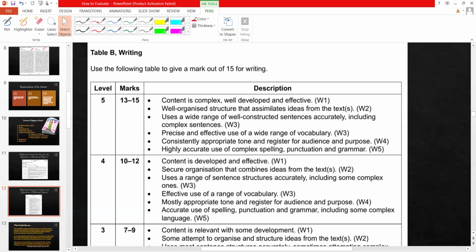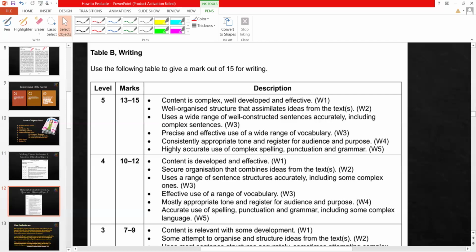Precise and effective use of a wide range of vocabulary. If you want, I can even upload a vocabulary list so that it will be easier for you to go through and memorize a lot of words, so that you become habitual of using them and try to use them again and again.